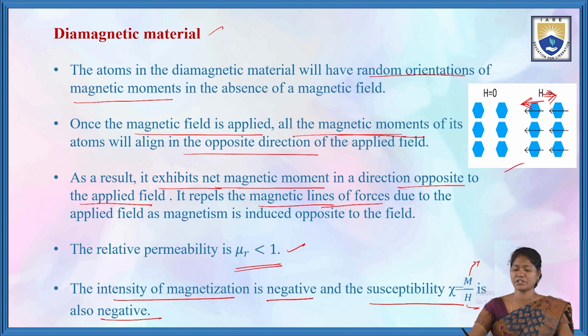So in this figure, you can see the atoms, and H equals 0 means the magnetic field is zero. When you apply some magnetic field in any one direction, the induced, that is aligned, magnetic moments are in the opposite direction to that of the applied magnetic field.